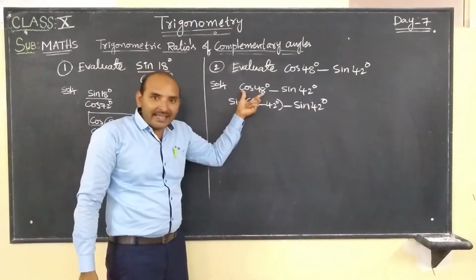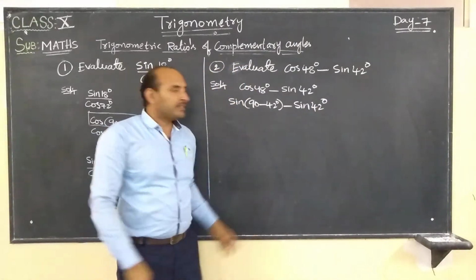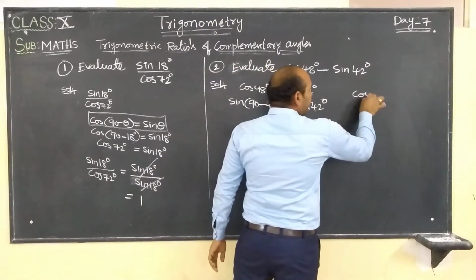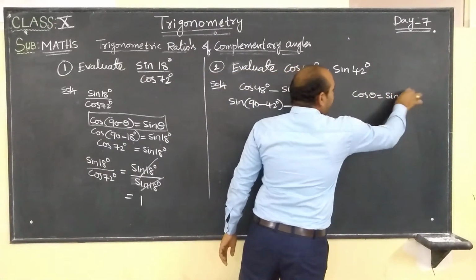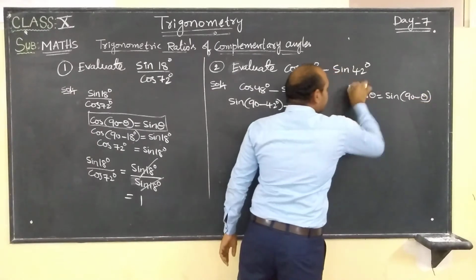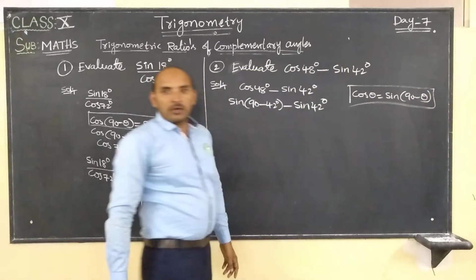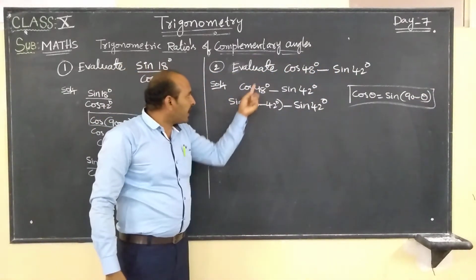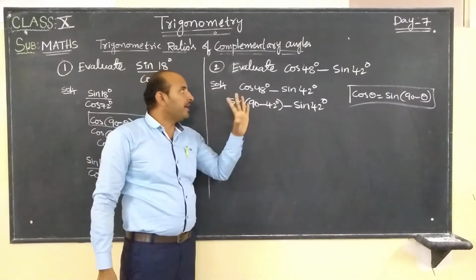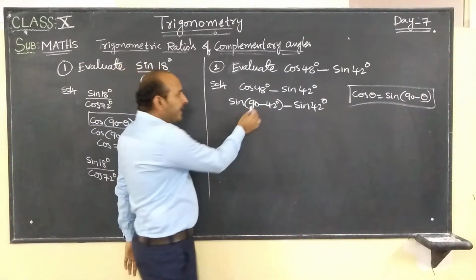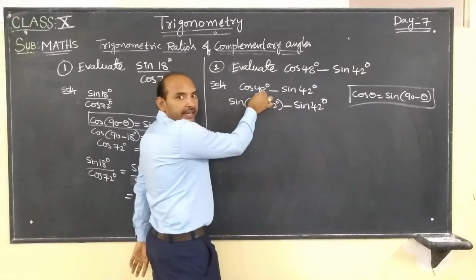The formula: cos theta is equal to sin of 90 minus theta. So 90 minus 42 is 48 degrees.